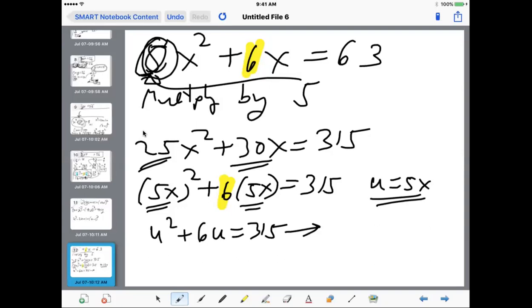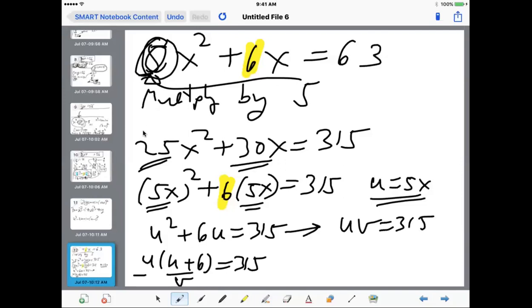That can be solved by taking u plus 6. If you want to put another variable in and call u plus 6 v, we're looking at uv equals 315 and v minus u equals 6. v minus u because the u plus 6 is bigger than u, so it's the bigger one minus the smaller one.